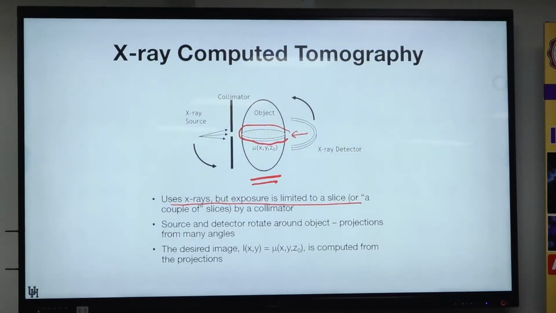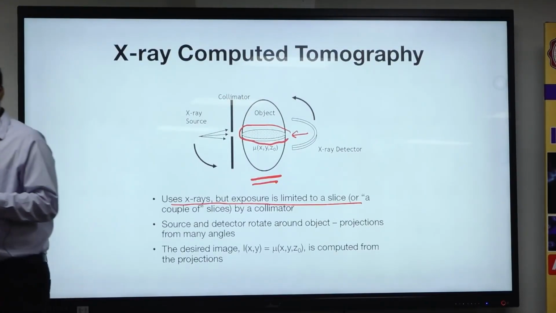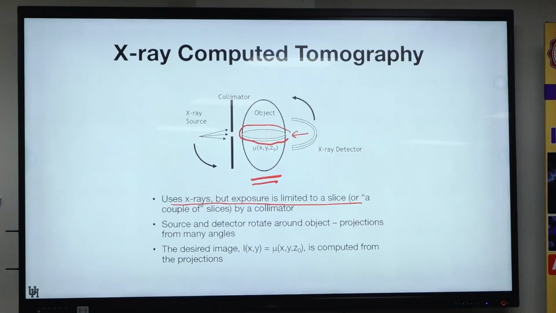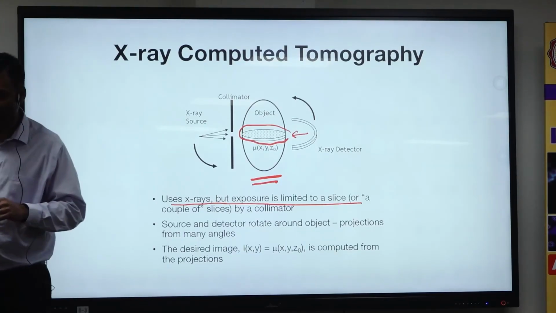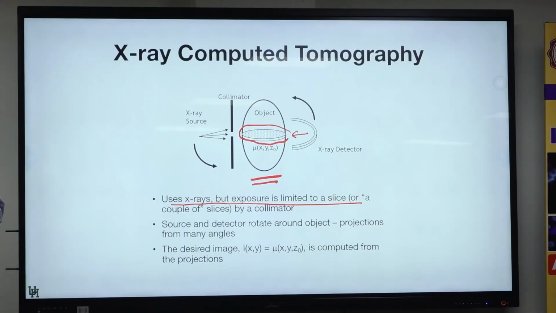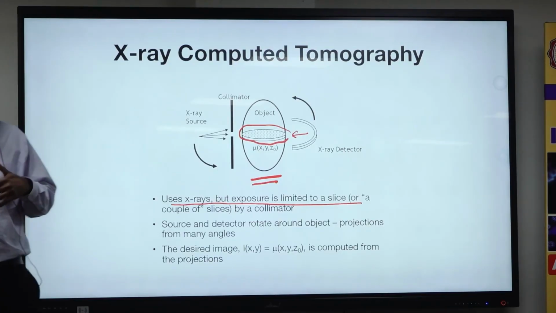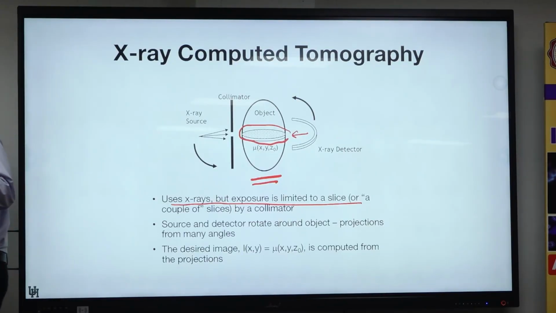Hounsfield figured this out and got the Nobel Prize for medicine for this in 1979. I'm not 100% sure of the exact date, but he got a Nobel Prize. One of the things he figured out was how to construct the 3D volume from these projections.